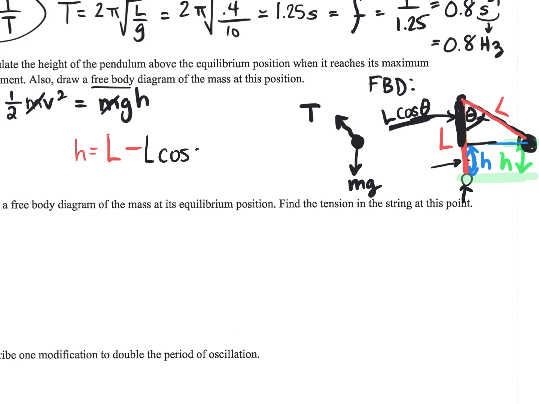Can't we find the height? Yes, we can. So let's plug in what we know. What is the length of the string? 0.4 minus 0.4 times the cosine of the angle at its max displacement. What was the angle at its max displacement in the problem?